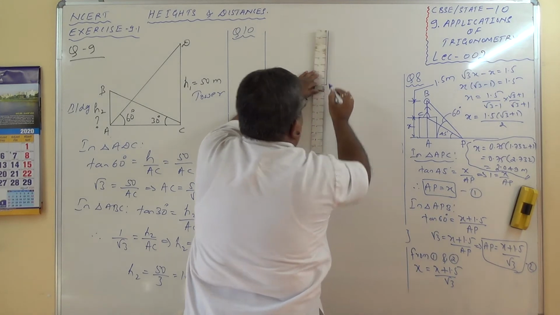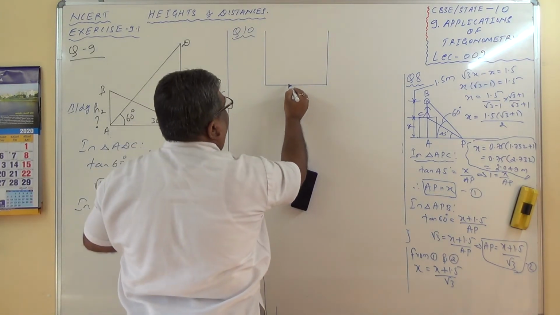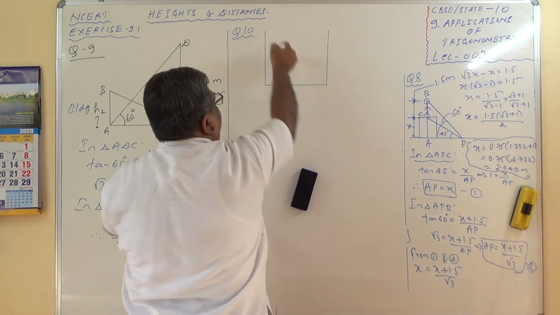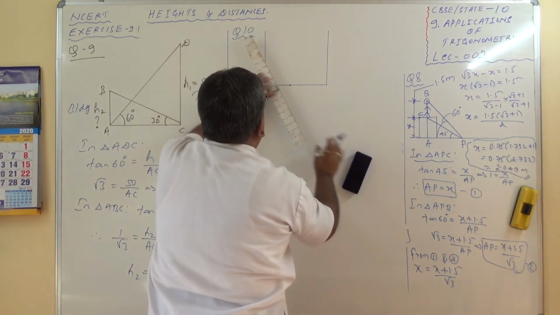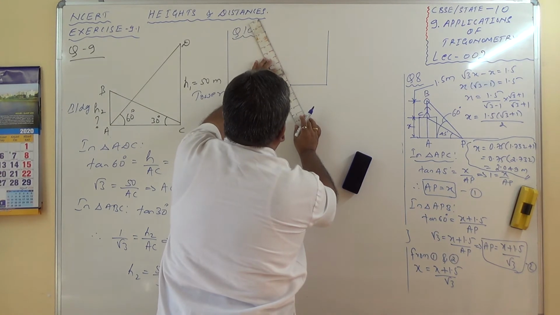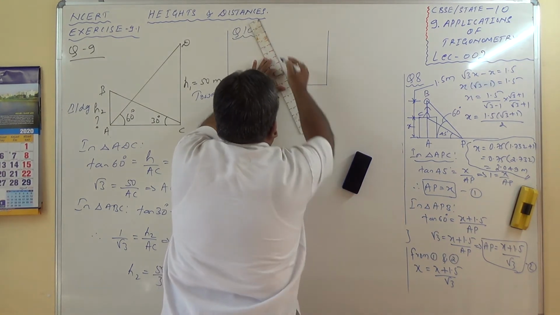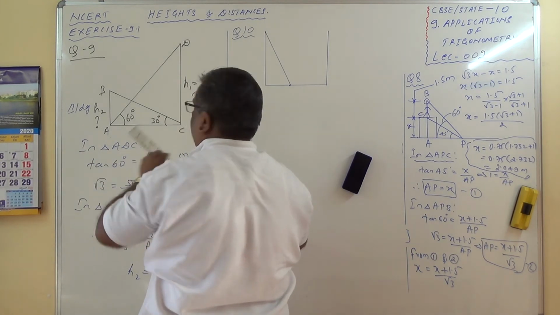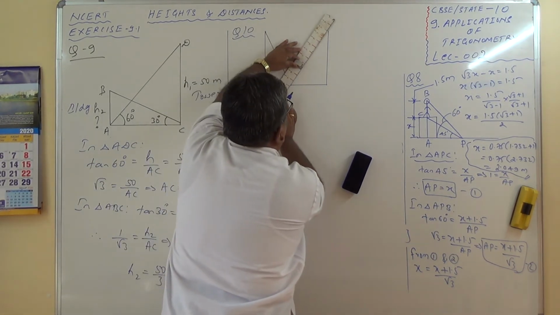The height of the poles is the same. From one point in between on the road, the angle of elevation of the top of one of the poles is 60 degrees and the other is 30 degrees, like this.